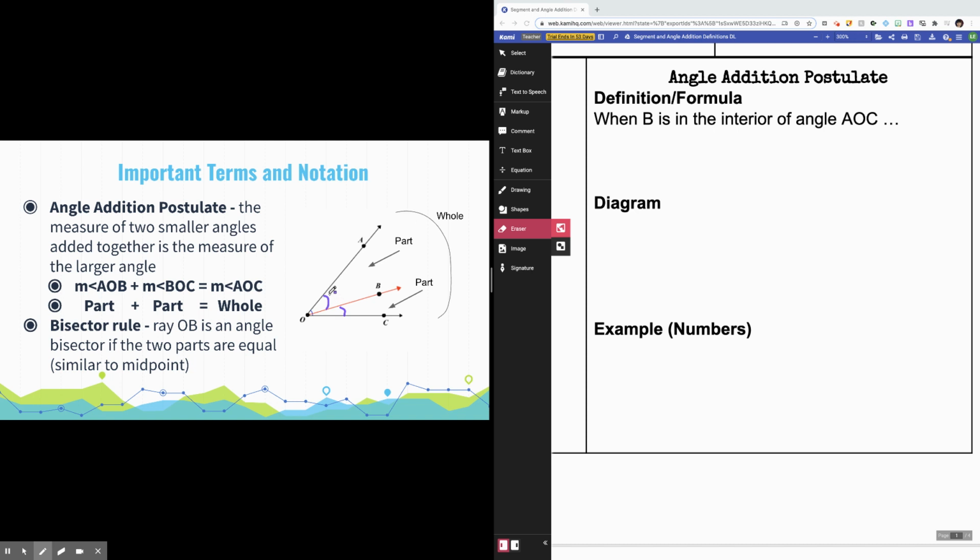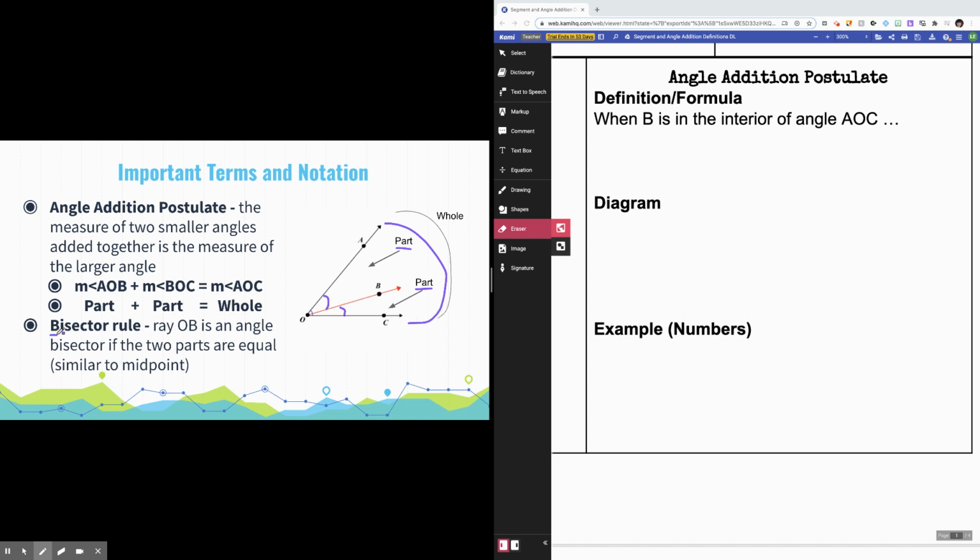So say here and here, these two parts have to add up to the whole thing, which is this on the outside. The fancy way of writing that is AOB, the first part, the one at the top, plus BOC, the smaller part, the one at the bottom, has to equal AOC, which is the whole angle.